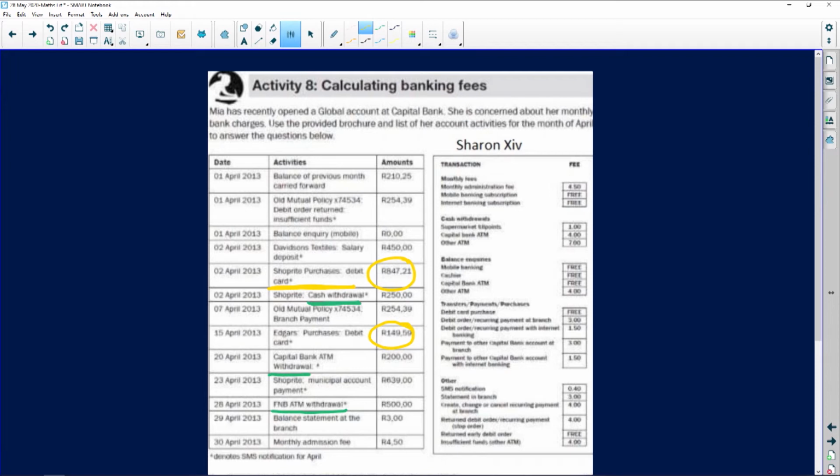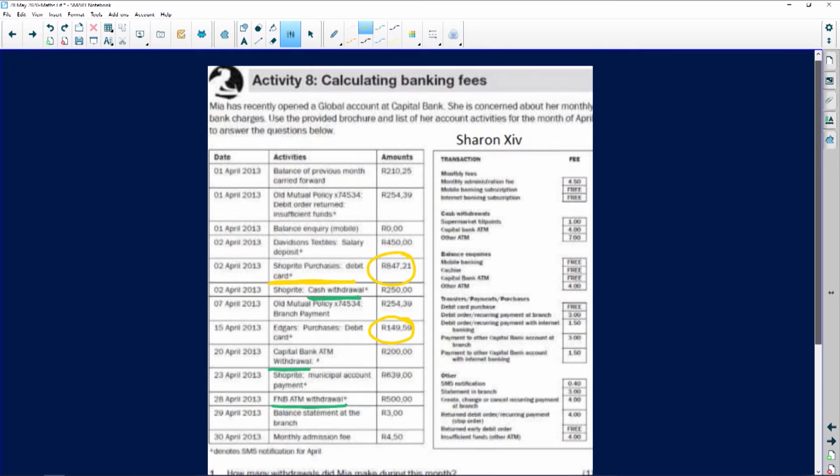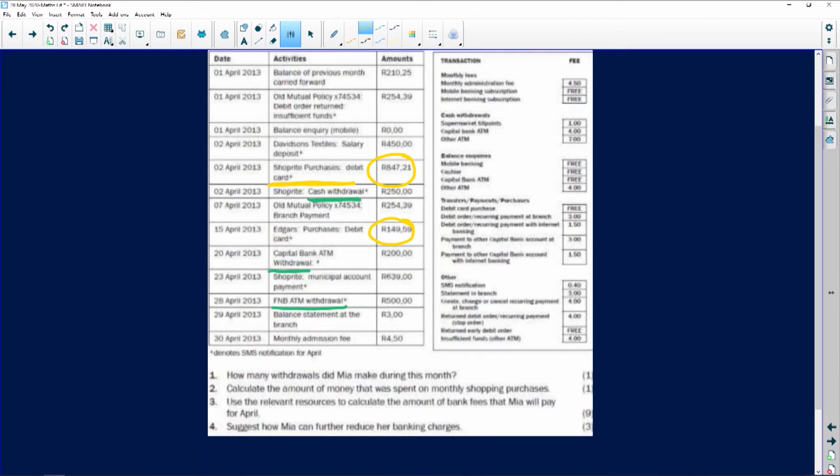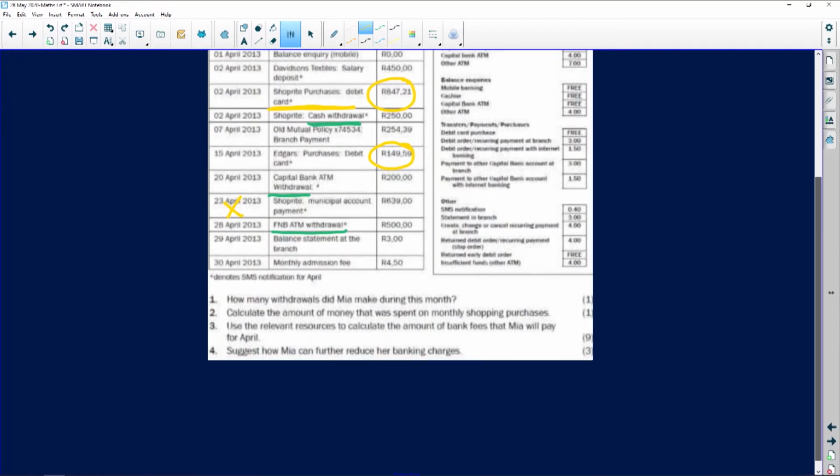Oh, that's very interesting. Would we then count this particular one at ShopRite? The question says calculate the amount spent on monthly shopping purchases. It means we don't count this one, because going to ShopRite and paying your municipal account is not marked as shopping. So we won't count that.